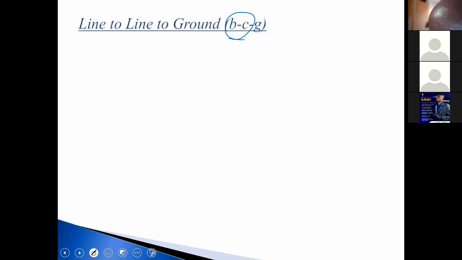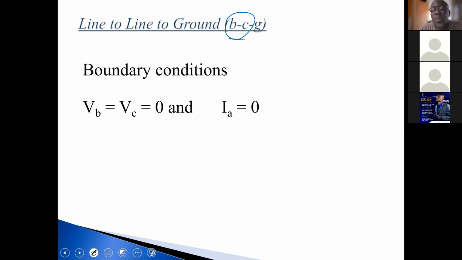Yes, sir. All right, fair enough. So VB and VC would be equal to 0. Thank you, Ms. Edwards. So this will be your boundary condition.